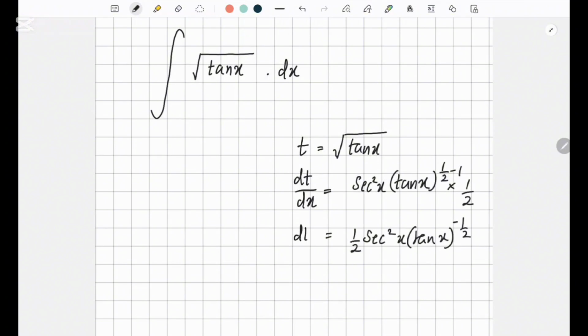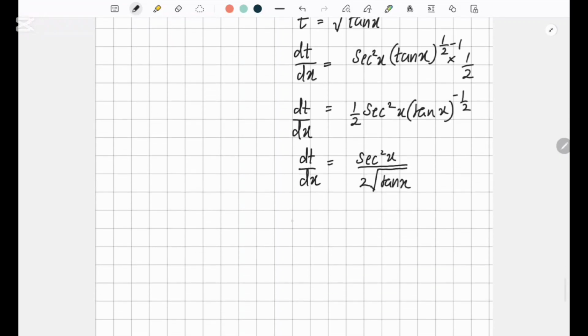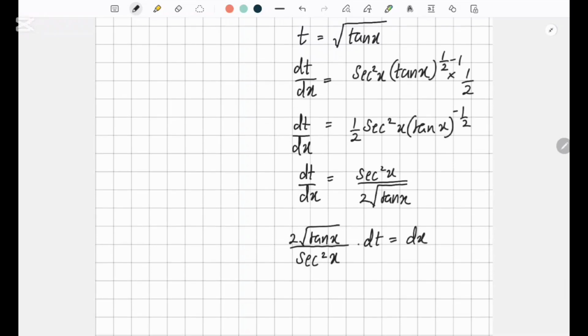This is dt over dx, but we need to find dx, right? So you could rewrite this as sec squared x over 2 root tan x. So dt over dx equals that. Then 2 root tan x over sec squared x dt equals dx, right?